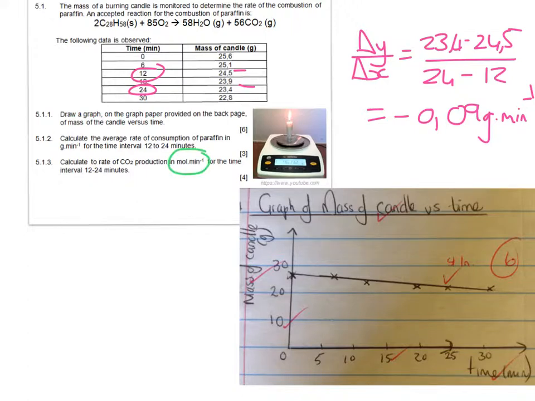Now the next thing is calculate the rate of carbon dioxide production in moles per minute for that same time period. So what you're going to do is you're going to say C28H58 is to carbon dioxide as 2 is to 56.